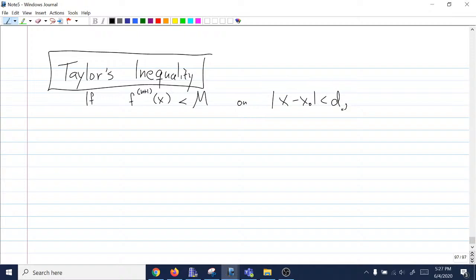This is kind of taking the place of a delta and an epsilon delta, but I don't want to let it get all the way down to 0. I've got some specific d value in mind.